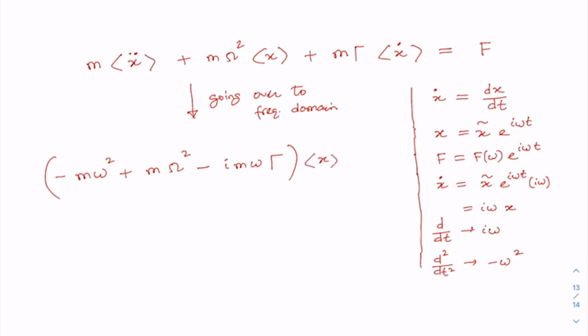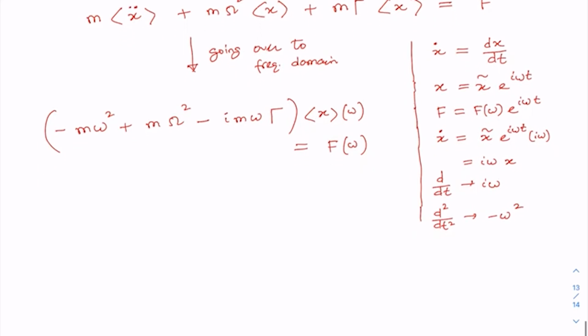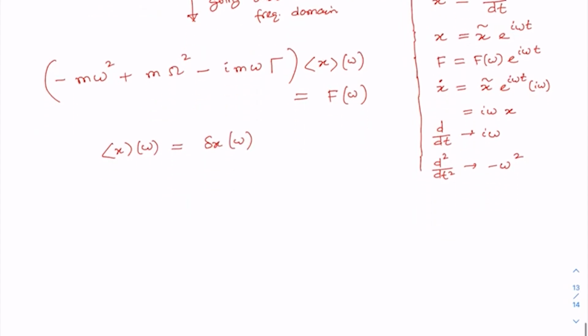Let me write the average of this, now in the frequency domain, and this is equal to f of omega. Because this displacement is very small, to emphasize that I can write it as delta x of omega. So I have delta x of omega is equal to 1 by m times capital omega square minus omega square minus i m omega gamma, into f of omega.